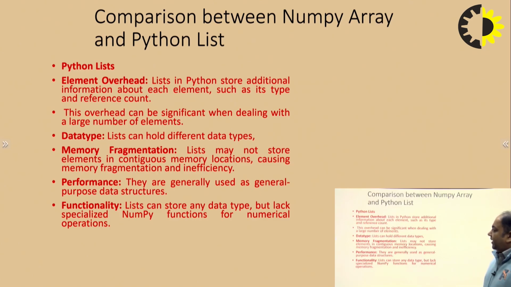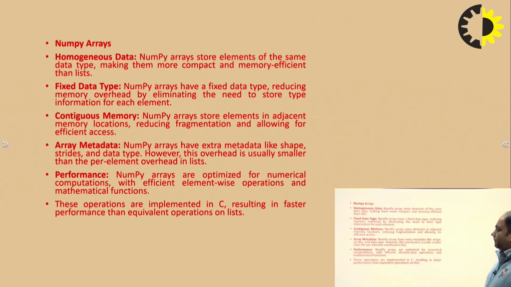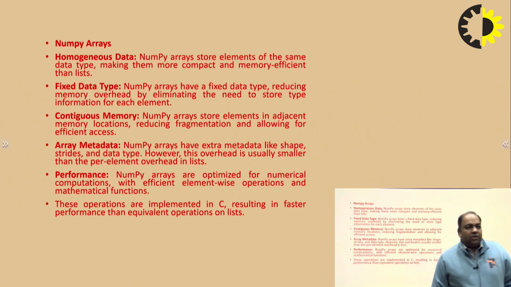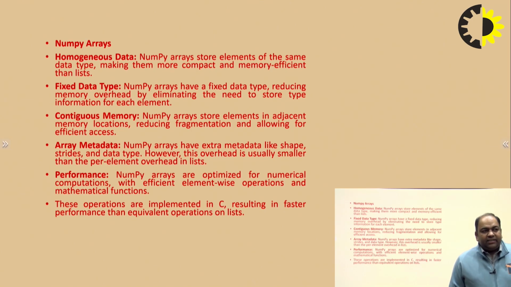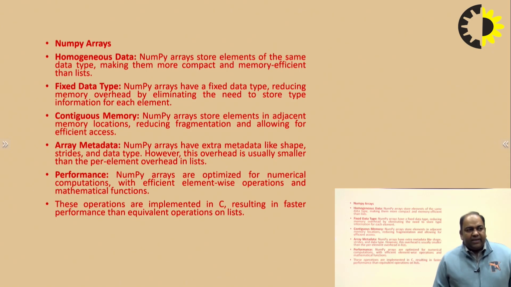And when we talk about NumPy arrays, they work with homogeneous data. They work with a single data type, which reduces overhead by eliminating the need to store information for each element. They use contiguous memory, so it reduces memory fragmentation and allows efficient and fast access, even for a large number of elements.